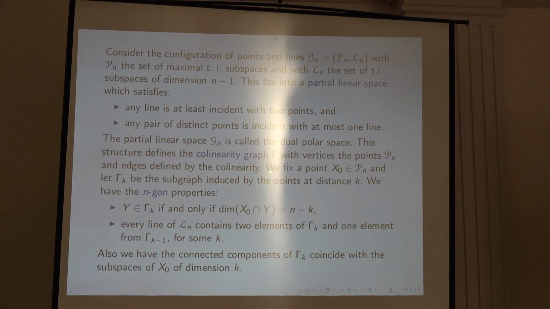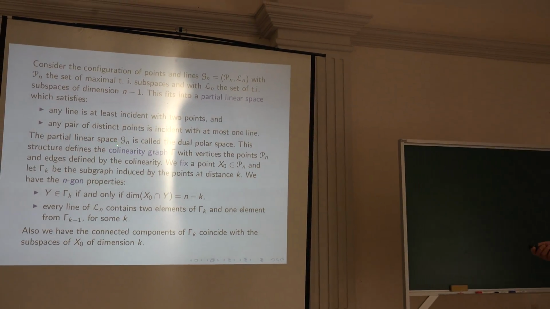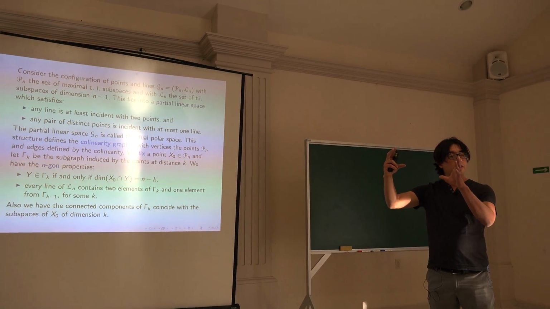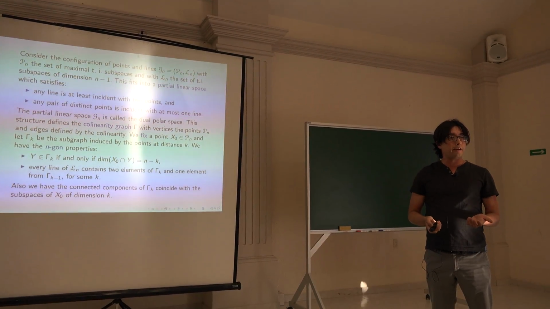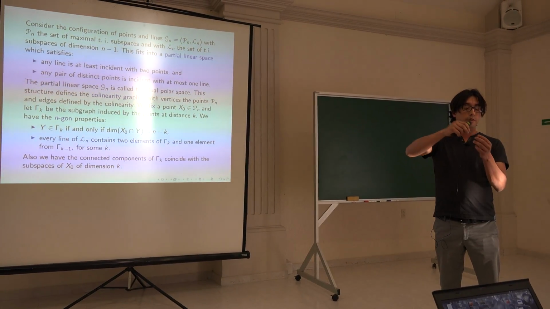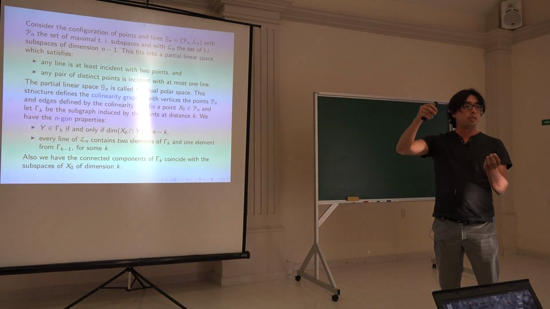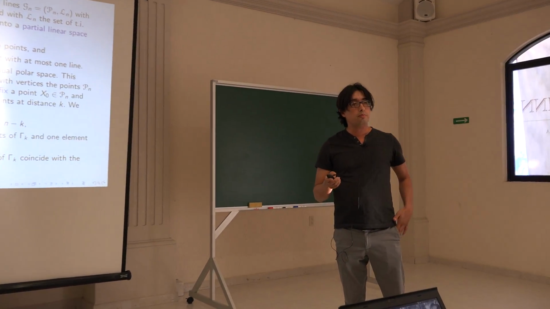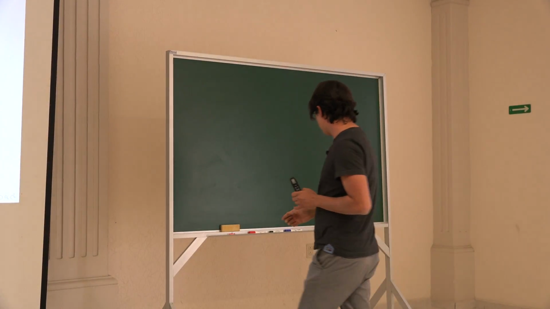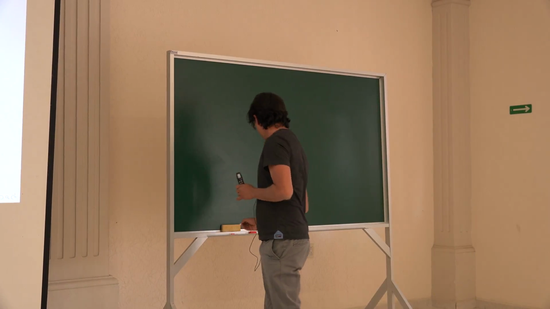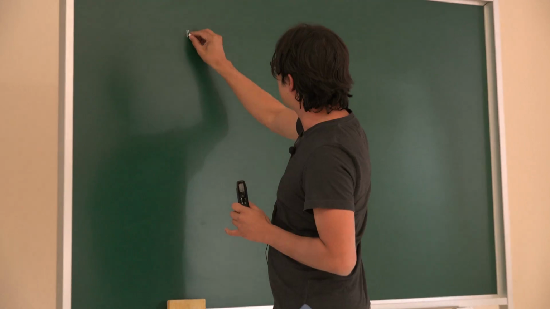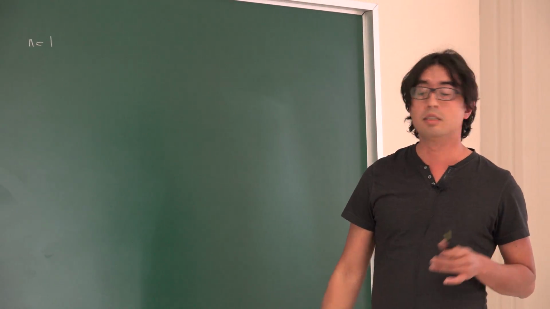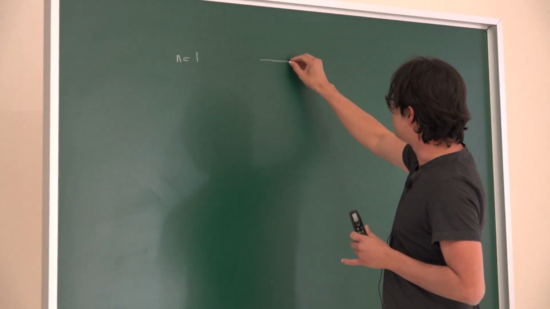This is a graph that is associated to this partial linear space where you have a configuration, but you want to associate a graph. So to every line that has 3 points, you have to add the adjoining edges. So, for example, in n equal to 1, you have 3 points and 1 line, then you have the following configuration.